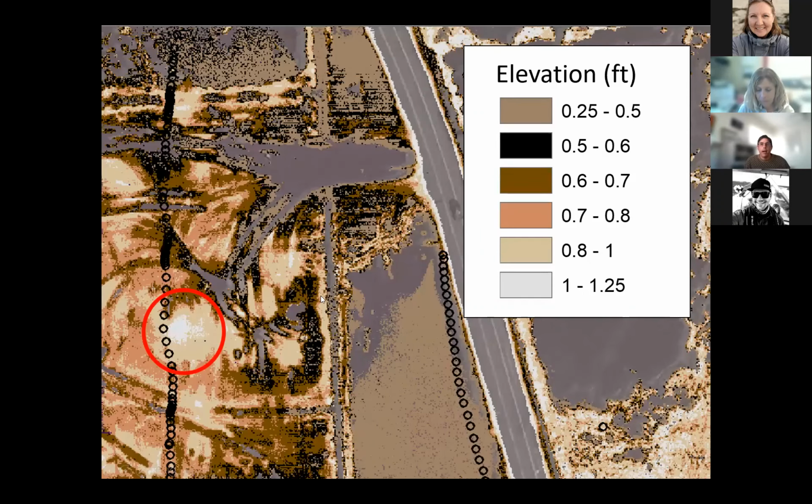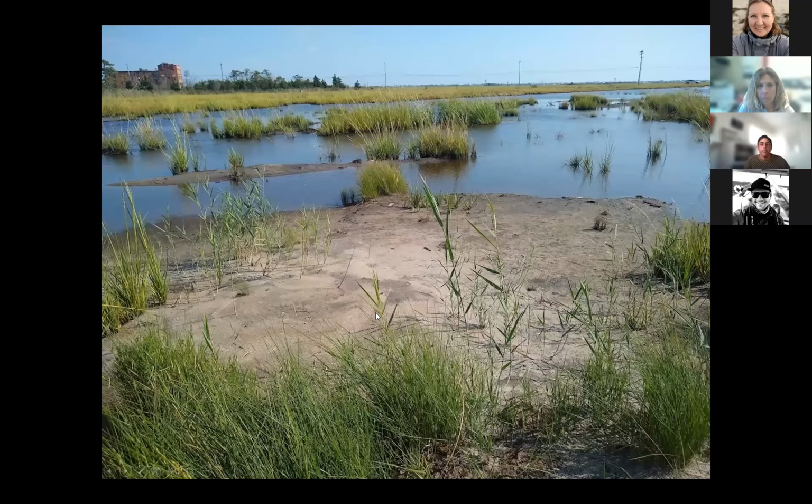I was shocked to see this, but almost immediately Phragmites found a way onto these little lumps that are a little above the range of the Spartina patens. So we'll keep an eye on that and adaptively manage the Phragmites. I was pretty impressed by the dispersal ability of this plant.